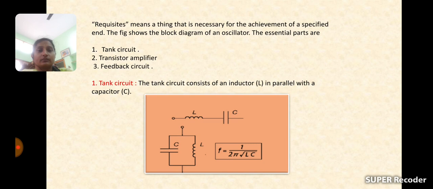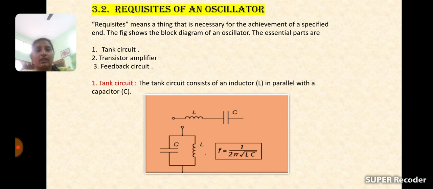Okay. And see here, in addition to the Barkhausen criteria, the circuit must have some elements in addition to the feedback circuit. These are called the requisites of an amplifier to work as an oscillator. So those are the conditions, these are the requirements. Is it clear? Condition is different from requisites.